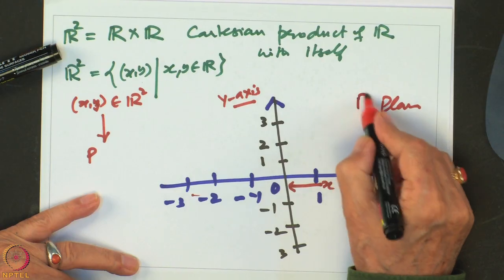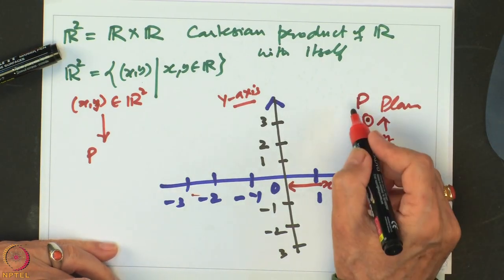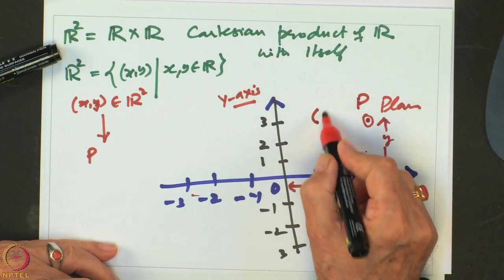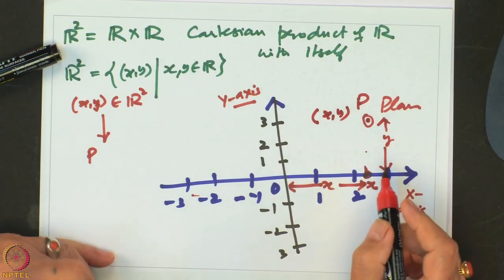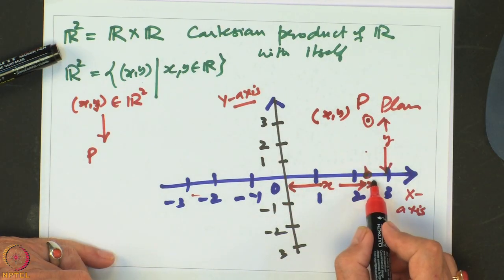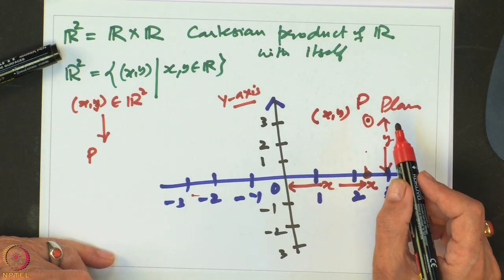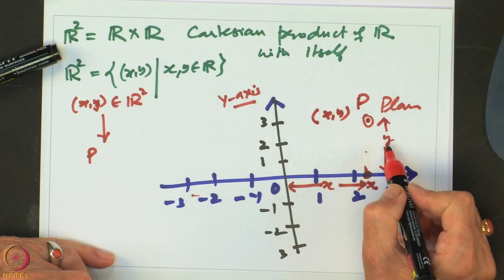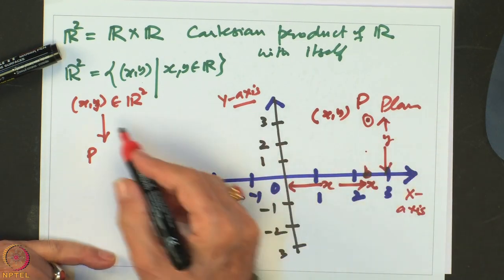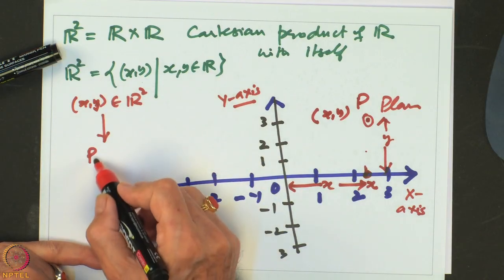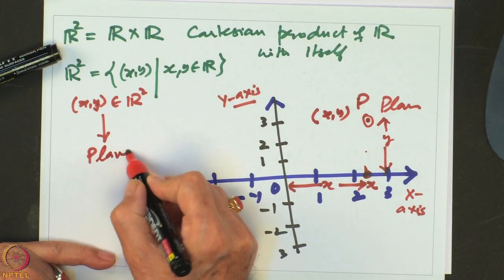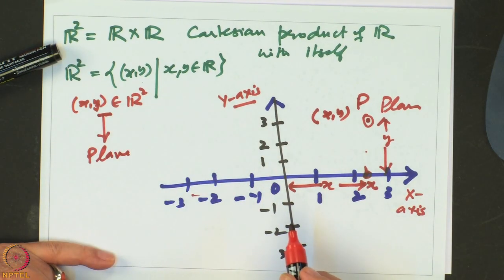We reach a point, and this point is called P. We say P has got coordinates (x, y). That means x units you move along the x axis and then go parallel to the y axis, and the distance is y. So, from R 2 to the plane we have got a map.